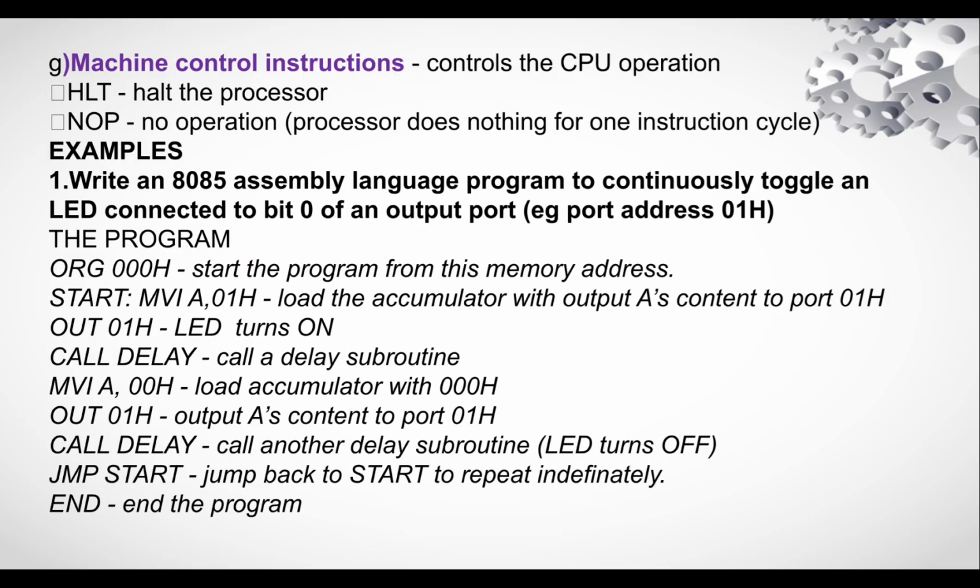Then I'll have to use a branch whereby I'll call a delay, such that that delay will enable this LED to turn on for a specified short period of time before turning off.